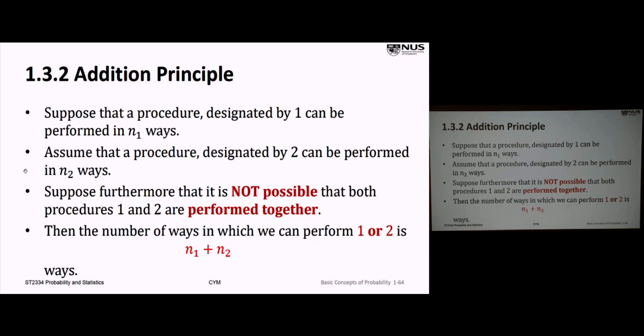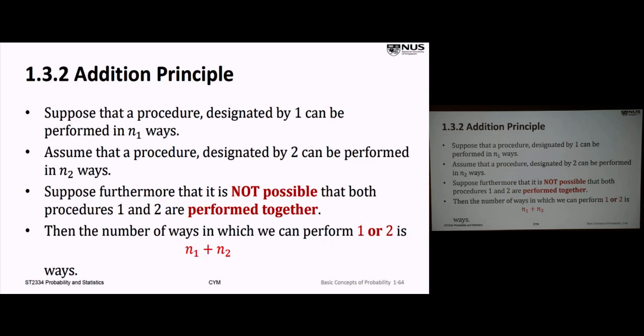In this scenario, the constraint is that it's not possible that both procedures 1 and 2 are performed together. So for every outcome in procedure 1, I cannot get another corresponding outcome in procedure 2.